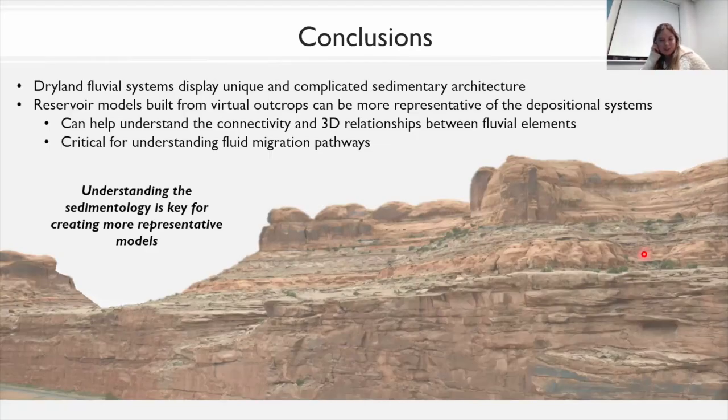I don't have them on me, but I do have some where we put in a transmissibility barrier to show the effect that those bounding surfaces would have. I didn't have any core plugs specifically across the bounding surfaces, but there is a difference between each channel element. The bounding surface in itself has a different permeability, but also there's a difference in the trends between what's above and below.